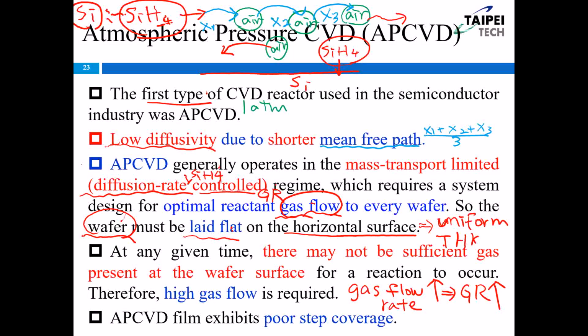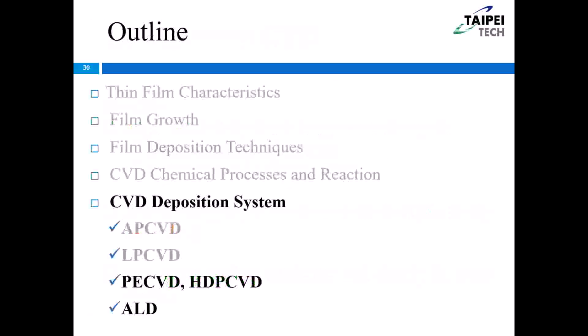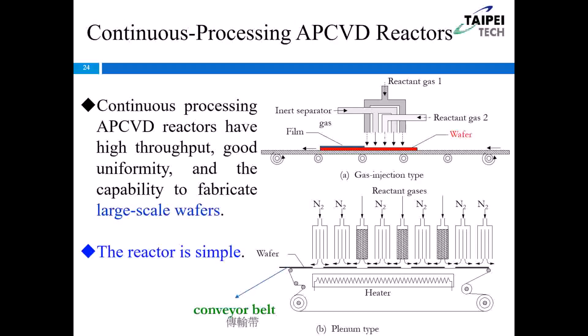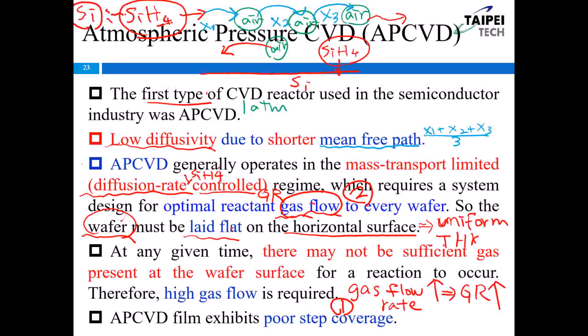So as we mentioned, you need to have a uniform gas flow rate, and also you need to increase the flow rate, in order to have a higher growth rate. However, this kind of tool, like the APCVD, usually will have poor step coverage.